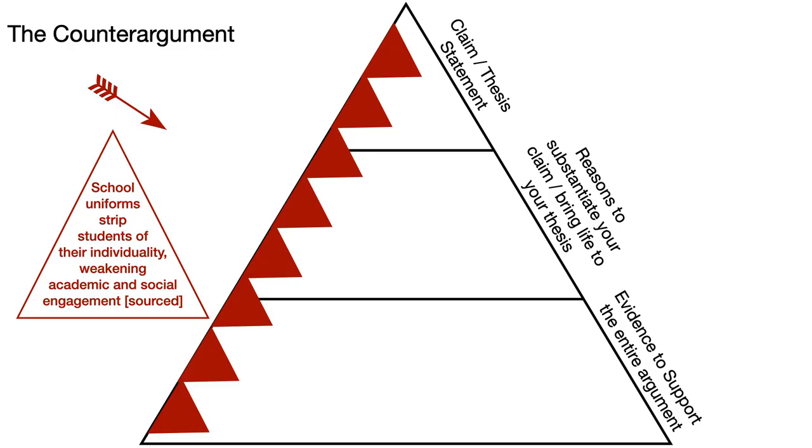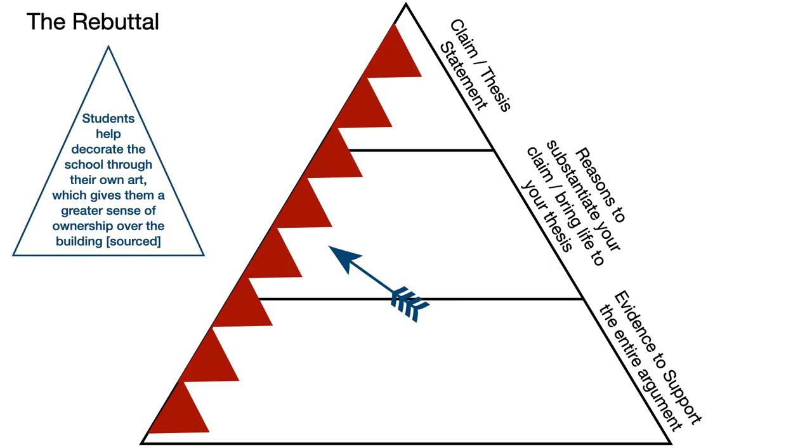So we need to provide a rebuttal, which could take the form of a primary source of a local school that has students decorate the entire building through their own artwork, which actually ends up giving them a sense of ownership over the building and therefore a stronger sense of community overall, despite whether or not they actually have to wear uniforms. Does that rebuttal completely refortify the original argument that you had made?